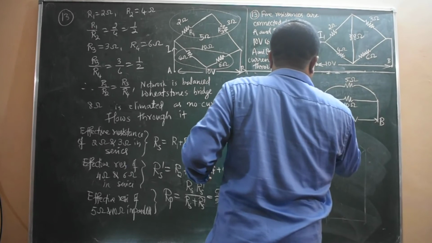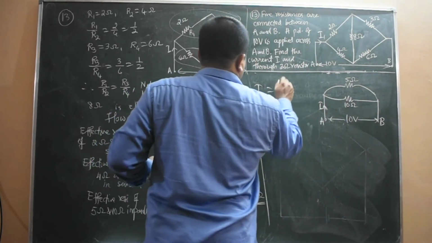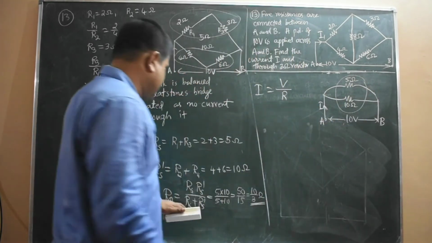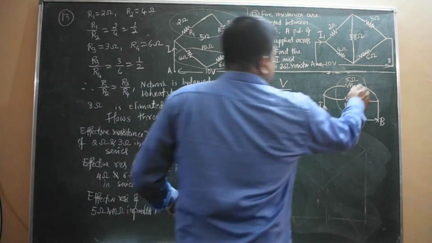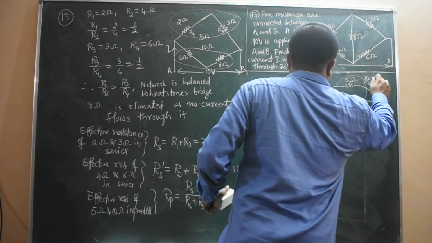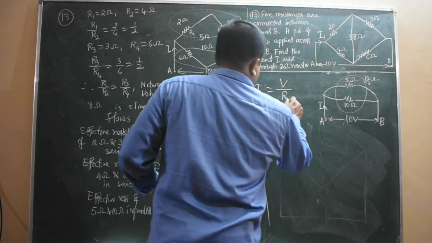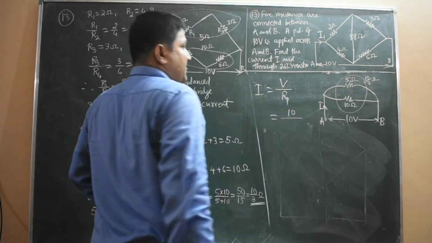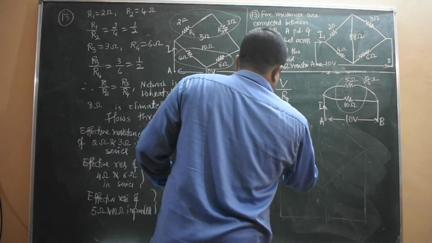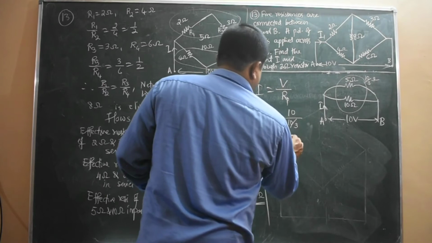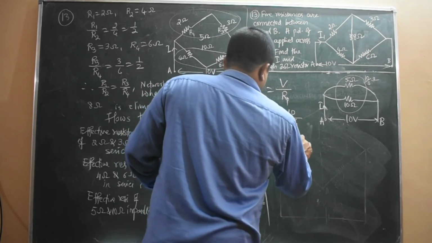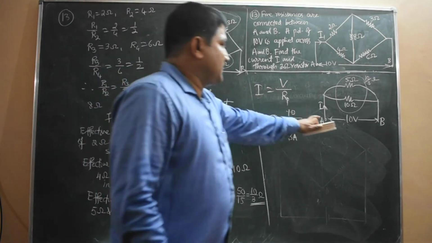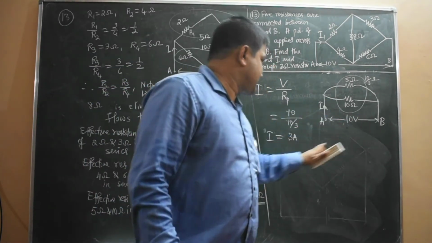The current I equals potential difference divided by total resistance, V by RP. So 10 volt divided by 10 by 3, the 10 cancels, and it is 3 ampere. The current from A to B is totally 3 ampere.